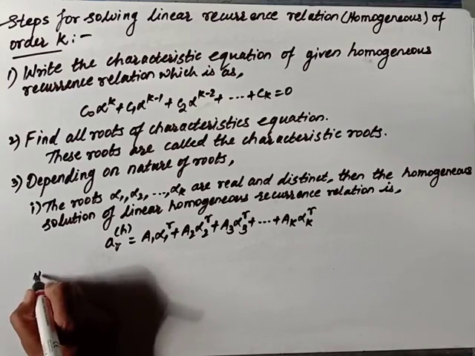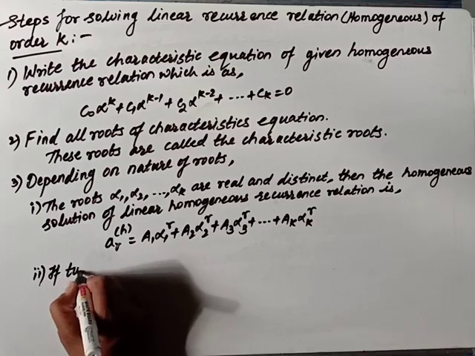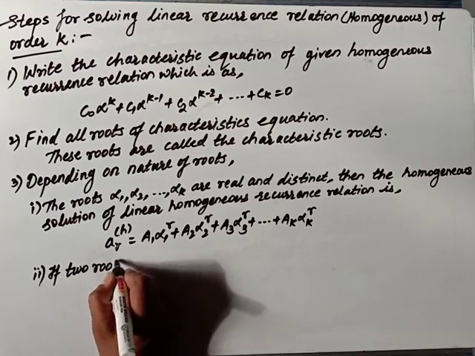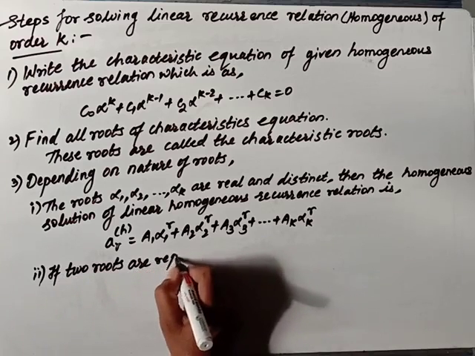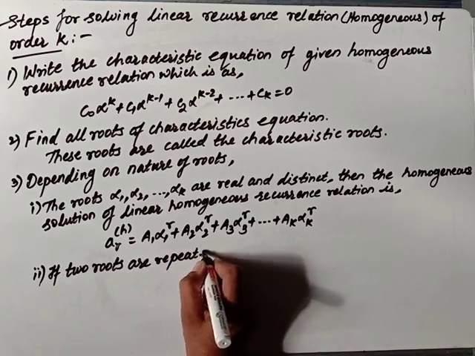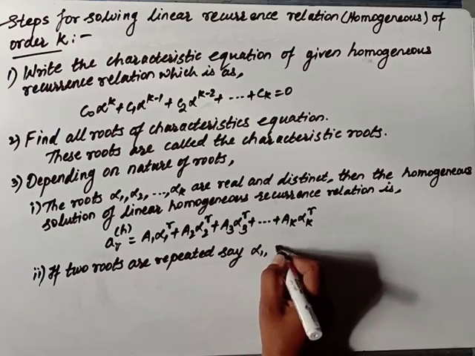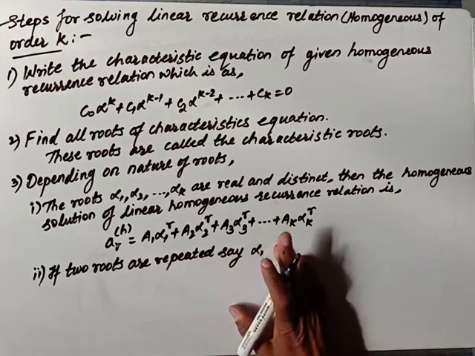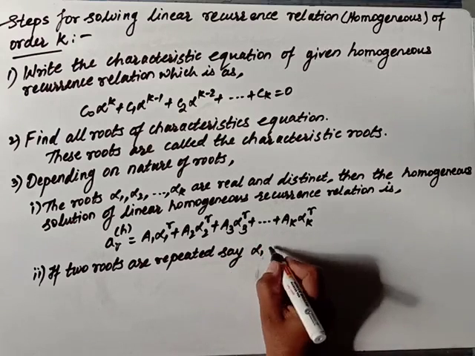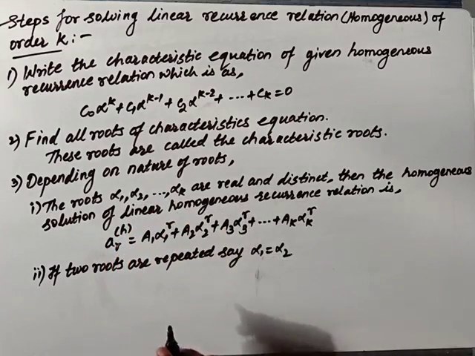Now, second case, suppose two roots are repeated. Means suppose two of them are same. Say alpha 1 and alpha 2 are same, so alpha 1 equals alpha 2, but others are different.